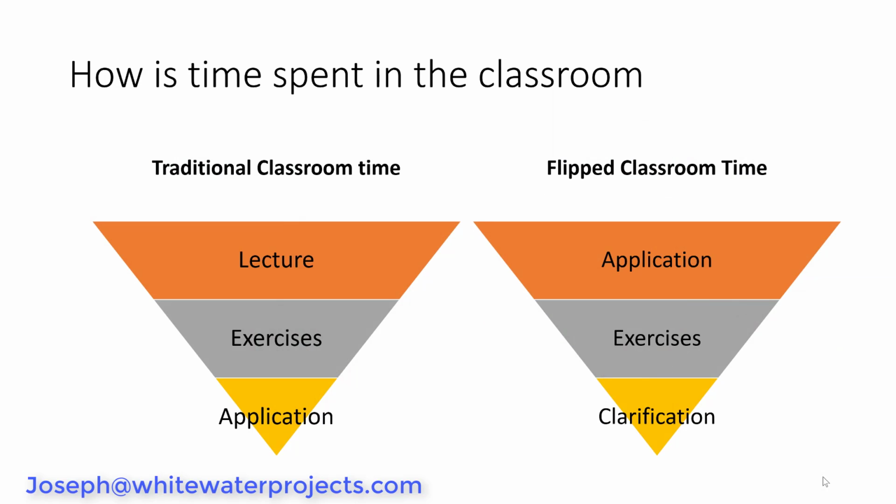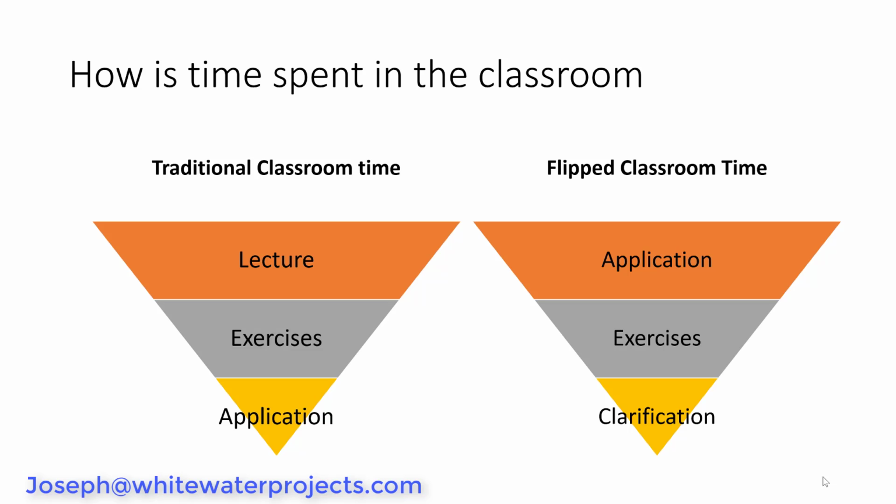In the traditional classroom, you spend most of the time on lecture. There's a boatload of content. I mean, nobody likes to do lecture, but one way or another, there has to be content delivery. And learning to become agile takes a lot of understanding of new ideas. So there's a lot of lecture. That's all there is to it.